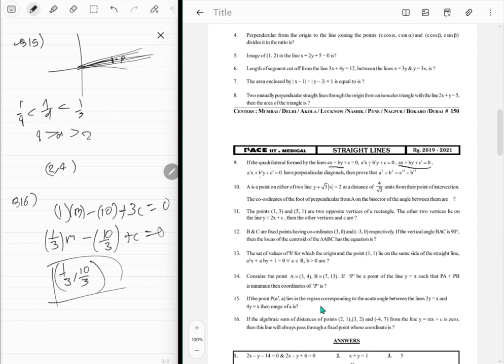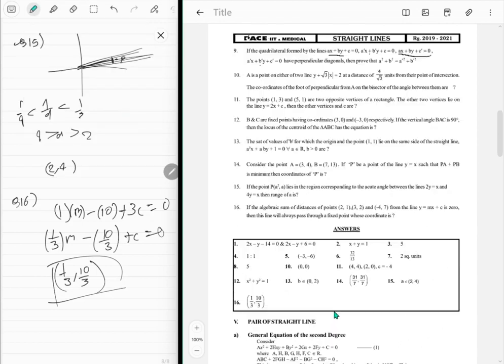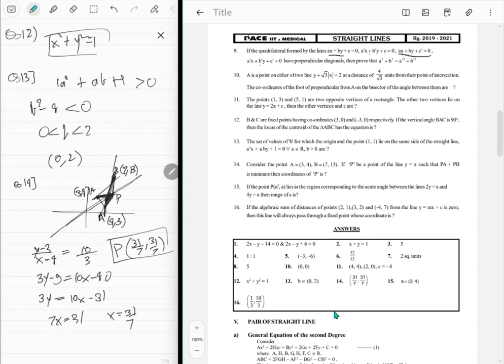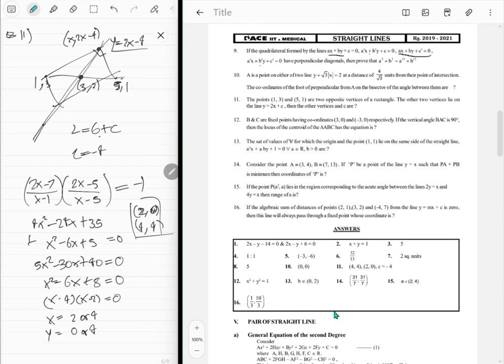Got it. Okay, let's check the answers. Question number 16. Oh, well, that's nice. And 4, and okay, that's nice. Very nice. Yeah, the same stuff.